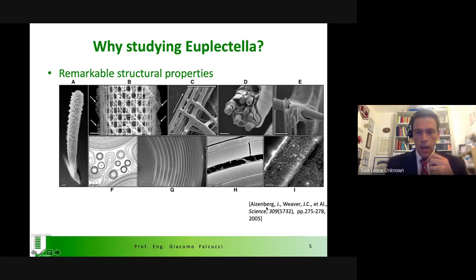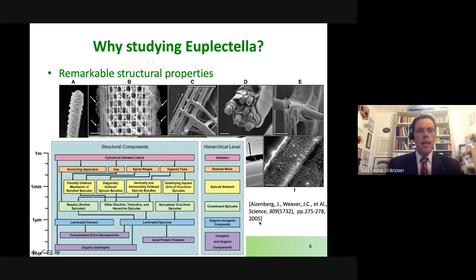This is the most cited paper on these structural properties, by the group of Aizenberg and James Weaver at Harvard University, Science 2005. The hierarchy, you see, goes from the size of these sponges, which are usually 20 centimeters tall maximum, otherwise below, so from the order of 10 to 1 centimeters down to 1 nanometer.